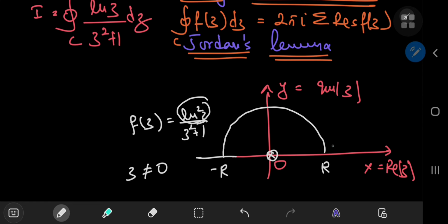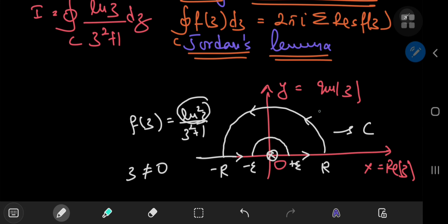So in traversing our contour in the anti-clockwise sense, and once you get to the real axis, let's circumvent this origin here by introducing this smaller semicircle of radius, let's say epsilon, okay? And here you go. That's our contour that we're going to call C.